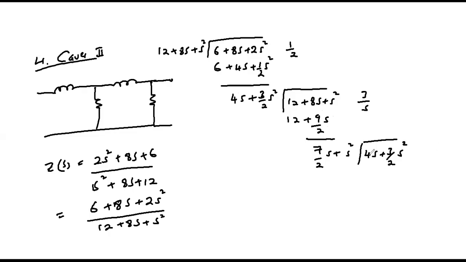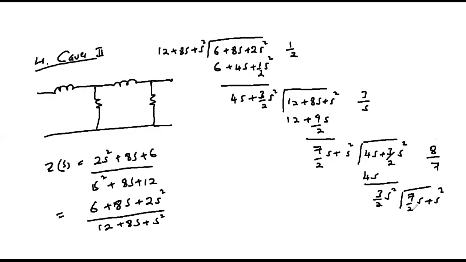I need 4s from 7 over 2 s, and then I multiply this with 8 over 7 to get 4s, and the difference will be 3 over 2 s squared, which I will divide into 7 over 2 s plus s squared.